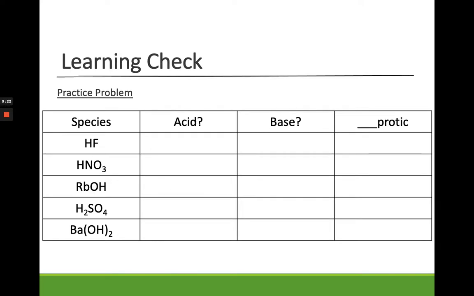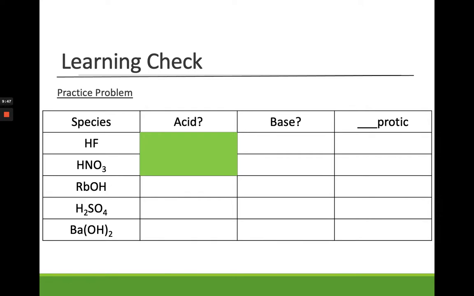All right, so let's do a little learning check. You have here different species, different substances. Identify whether it is an acid or a base. Two minutes, you may pause this video. So for HF, that is an acid, and HNO3 is also an acid.